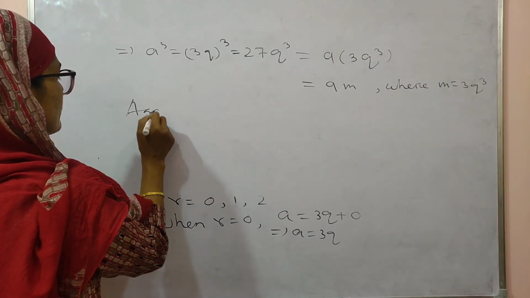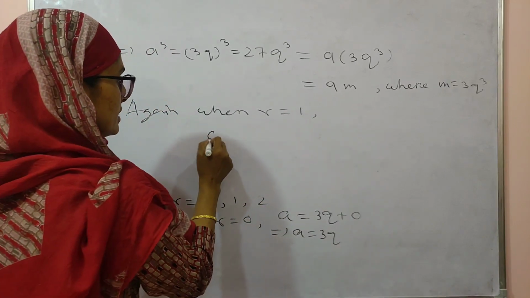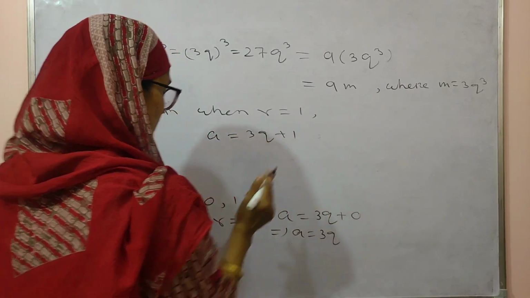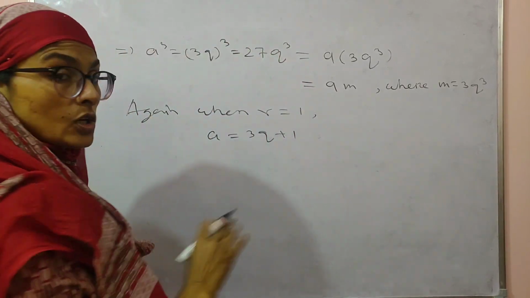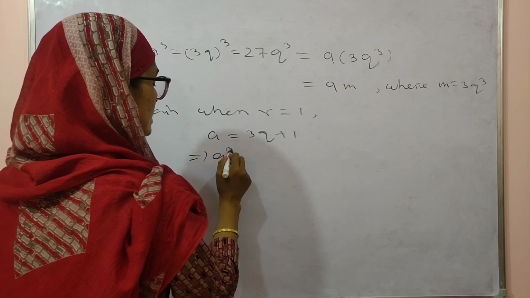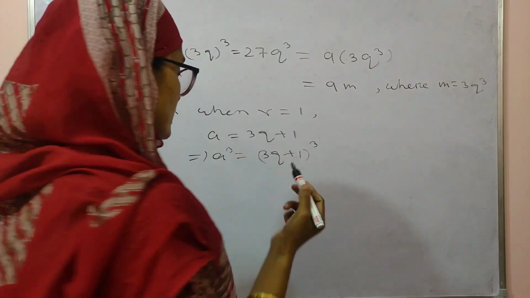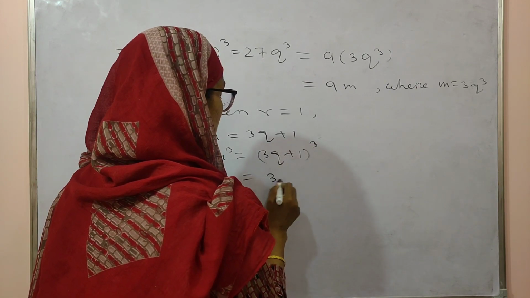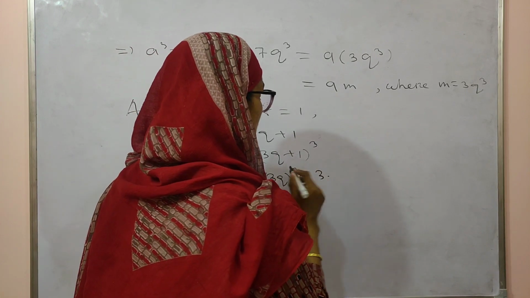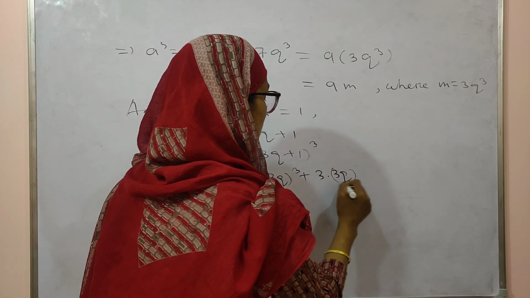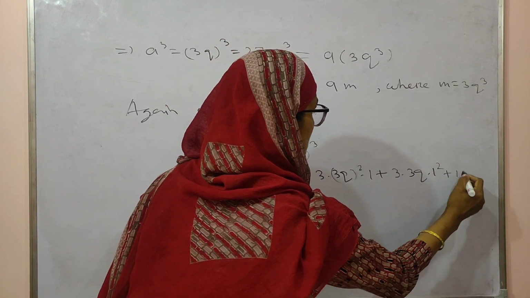Again, when r equal to 1, a equal to 3q plus 1. Cubing both sides, a cube equals 3q plus 1 whole cube. Now expand this one: 3q cube plus 3 into 3q square into 1 plus 3 into 3q into 1 square plus 1 cube.